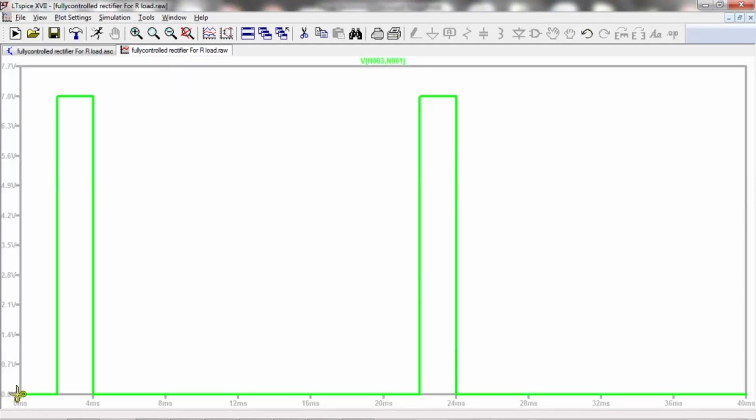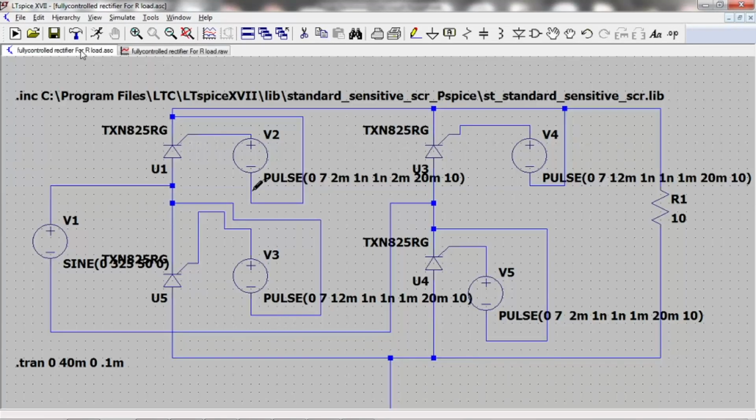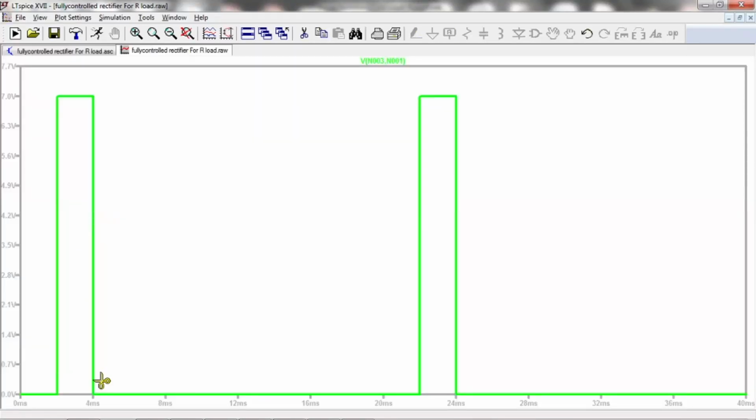See, this is the characteristic of the pulses. Initially it is at 0, then it goes to 7, and at this 7 volt it will remain for how many milliseconds? Here it is remaining for 2 milliseconds. So that is the pulse width I have chosen, 2 milliseconds. It need not be 2 milliseconds, it may be 1 millisecond or anything else. Then it comes back.